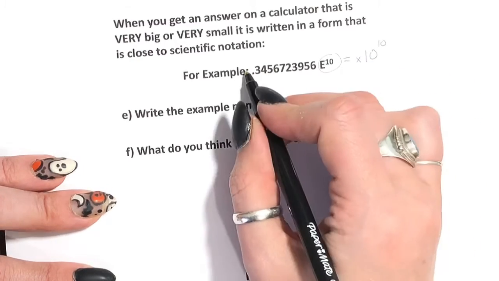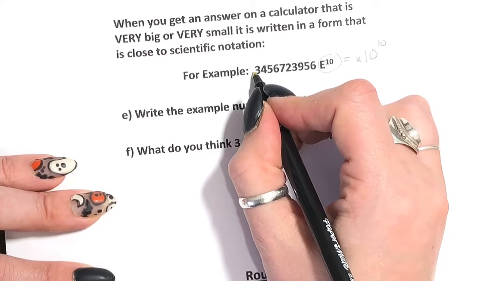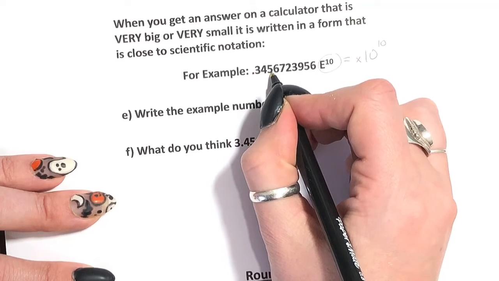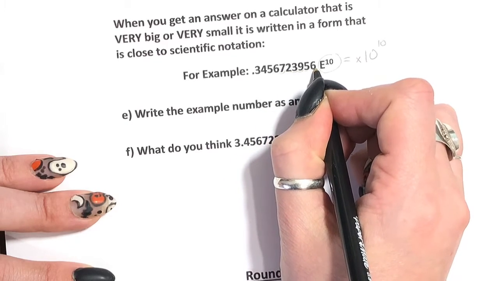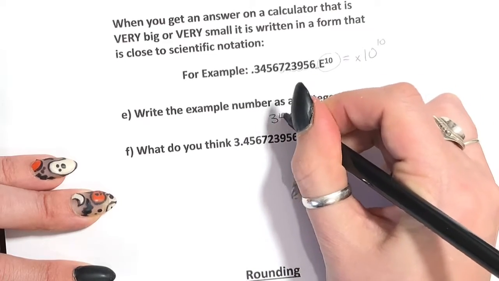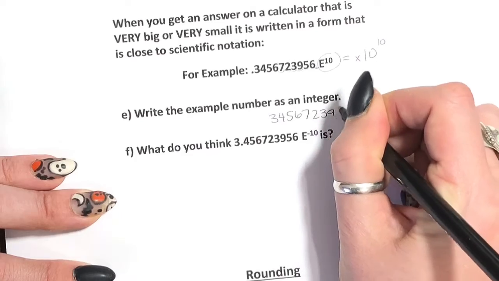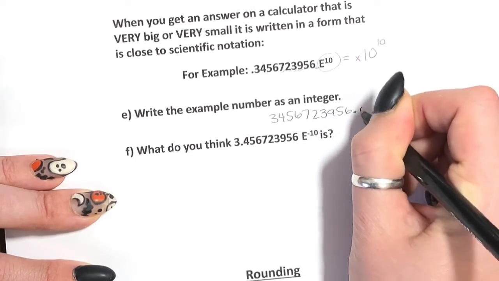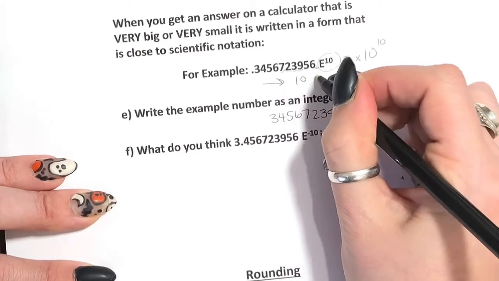So instead of moving left, I need to move back the other direction to undo it. So I'm actually going to move it right and go 1, 2, 3, 4, 5, 6, 7, 8, 9, 10. So it just ends up right at the back. So our number would be 3, 4, 5, 6, 7, 2, 3, 9, 5, 6. And you could put 0. if you want, but we moved that 10 times this way.